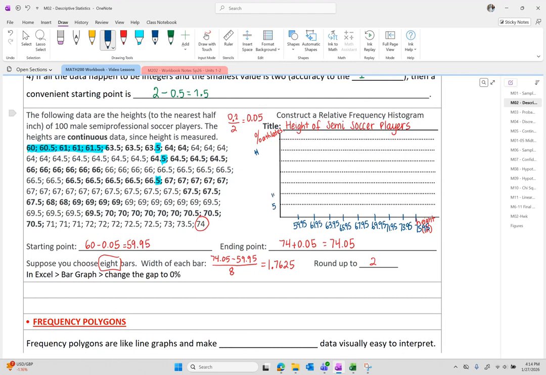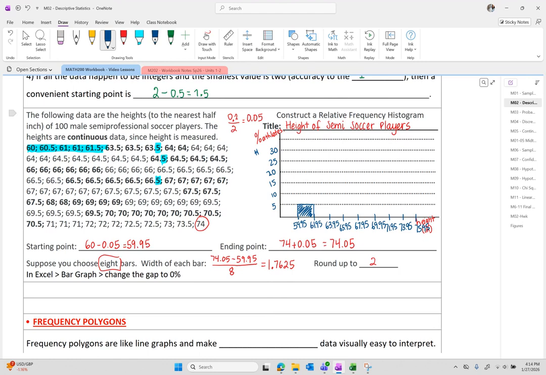I don't know the frequencies yet. It will be nice to have my table and my technology handy so that I can get that done, right? So I will say I have 5 values between 59.95 and 61.95. So I would sketch this like that. That will be my first bar. And then I would shade it in because it will be a solid color.